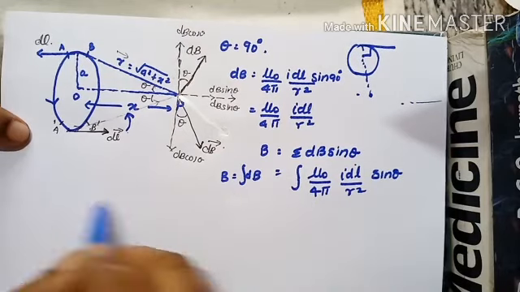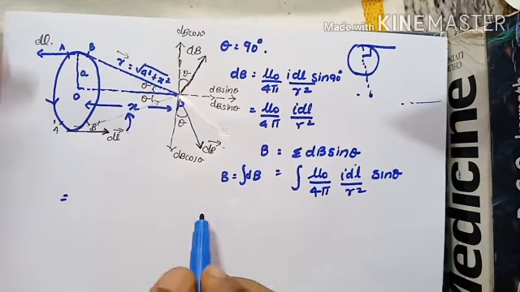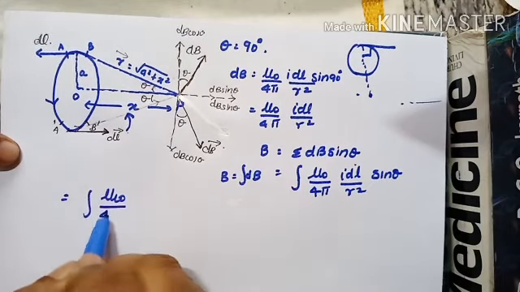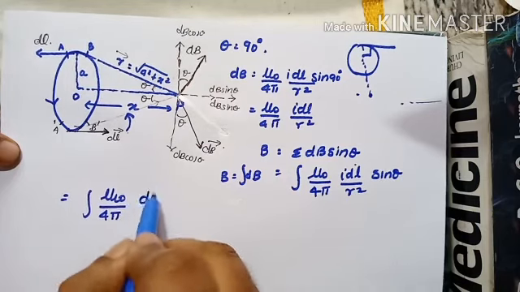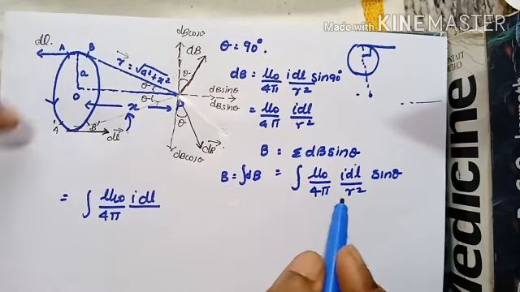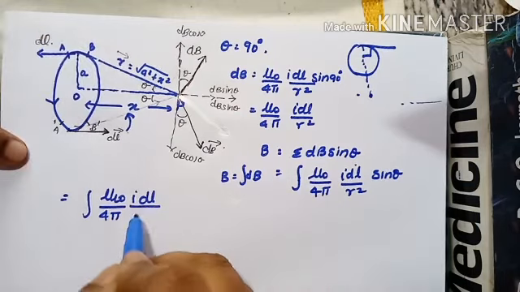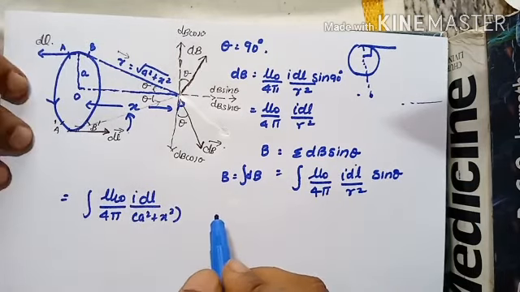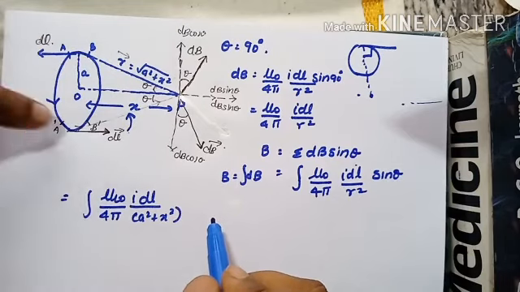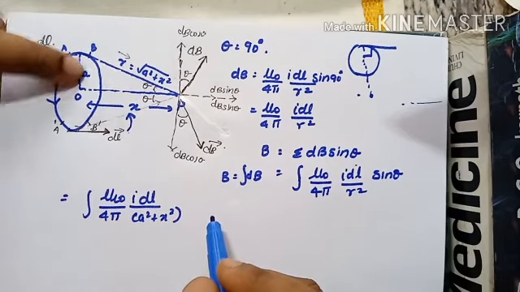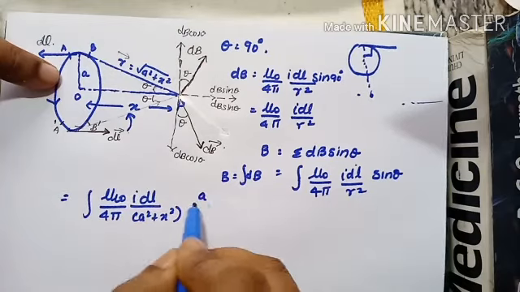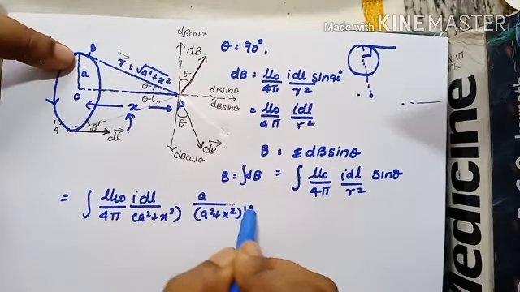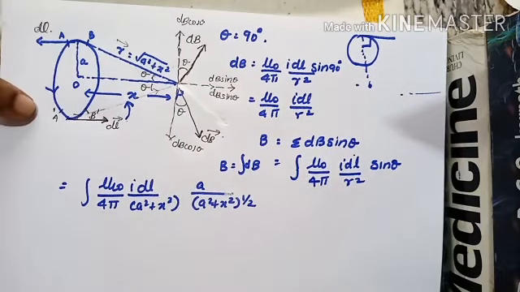Now let's move on to this section. So integral mu 0 by 4 pi I dl divided by r squared. What is r squared? It is a squared plus x squared, the root raised to square goes off. And what is sin theta from this triangle? It is a divided by the hypotenuse, so a divided by a squared plus x squared, and in place of root I am writing it as raised to 1 by 2.